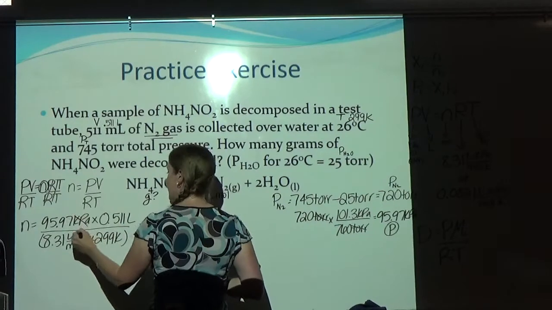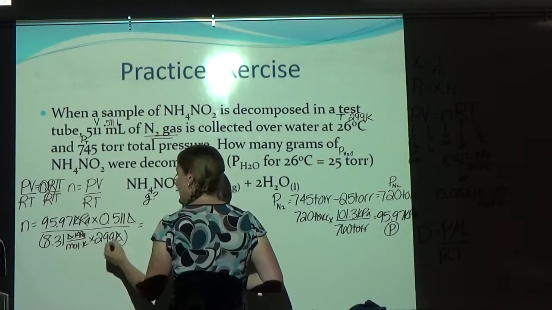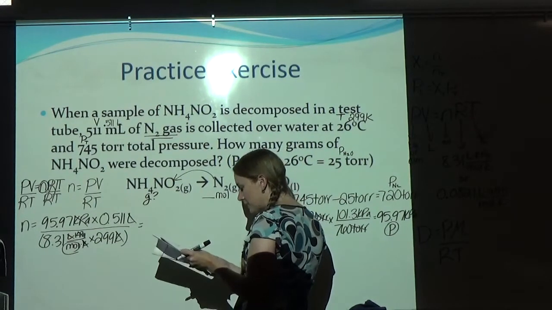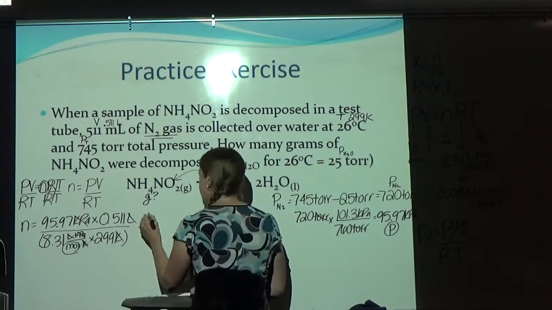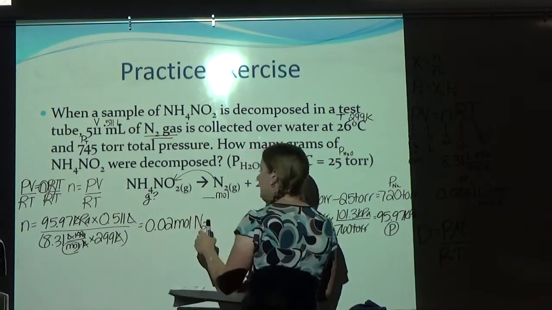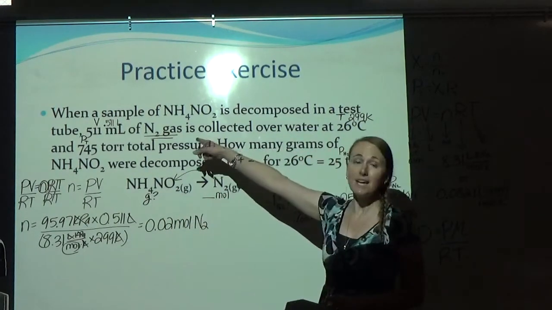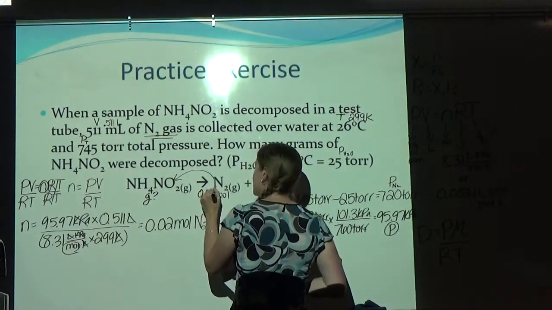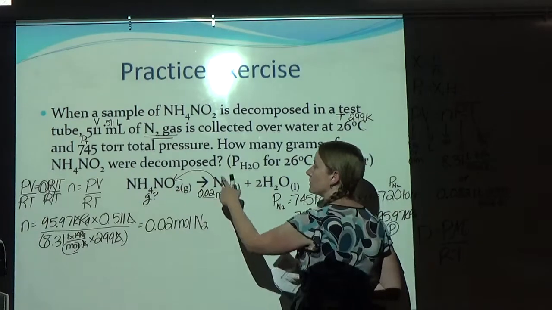If you look, my kilopascals, liters, and Kelvin cancel, and I'm left with moles. Once I multiply the top and divide by the bottom, I get 0.02 moles. This was for the nitrogen that was collected. So now I know I'm starting with 0.02 moles of nitrogen.